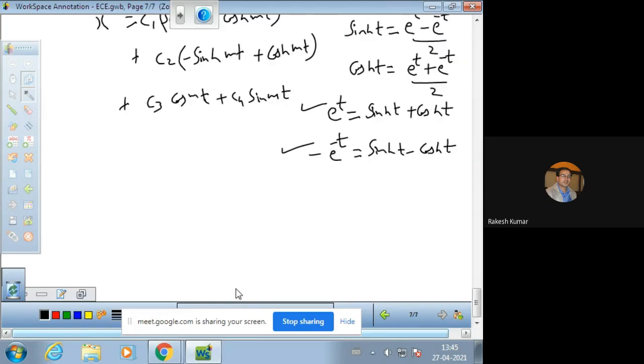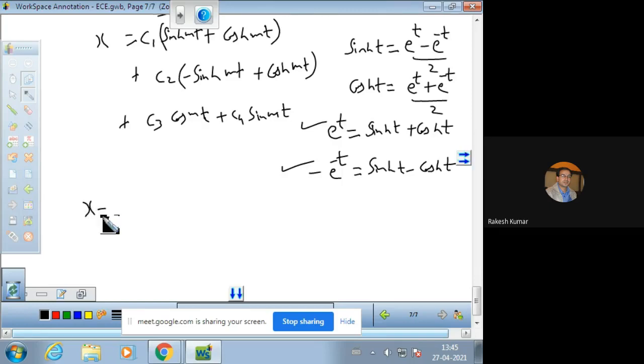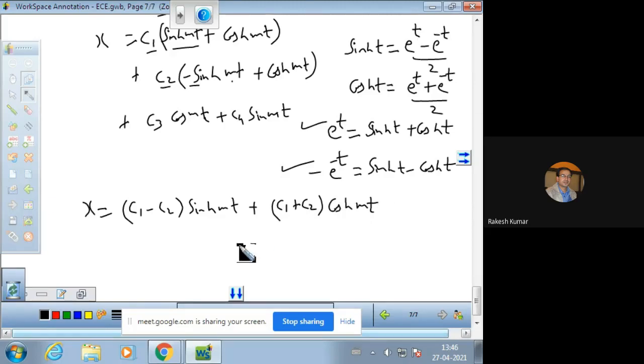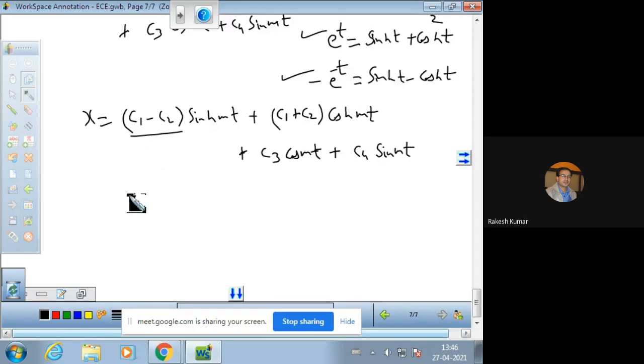Now you can collect the terms and the new terms will be x is equal to, you just see, C1 sine hyperbolic mt, C2 minus sine hyperbolic mt. So C1 minus C2 into sine hyperbolic mt plus C1 plus C2 into cos hyperbolic mt plus C3 cos of mt plus C4 sine of mt. Now C1 minus C2, obviously, will be a constant, so it can be named C1 dash.